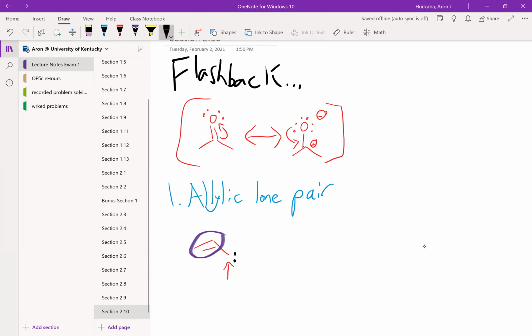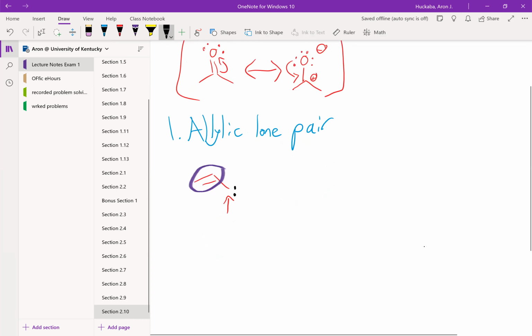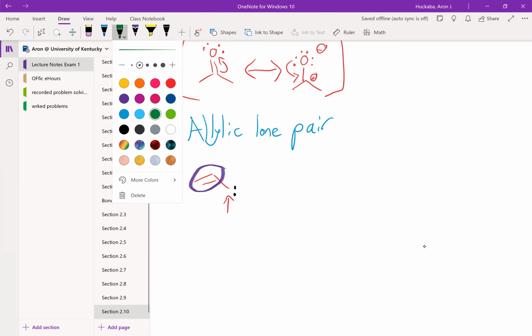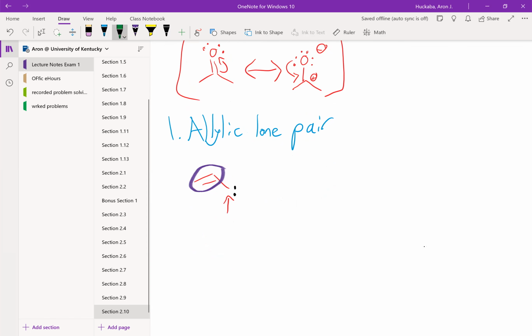Okay. So an allylic lone pair, let's use green, has a resonance form like this, where the lone pair is also in a p orbital, so let's draw that out so you can see.